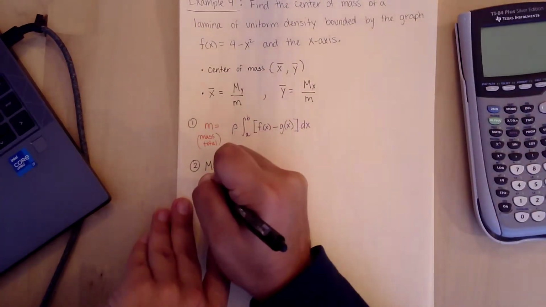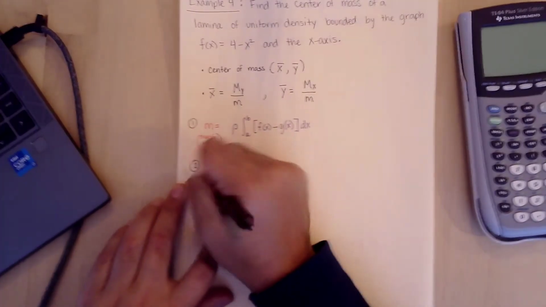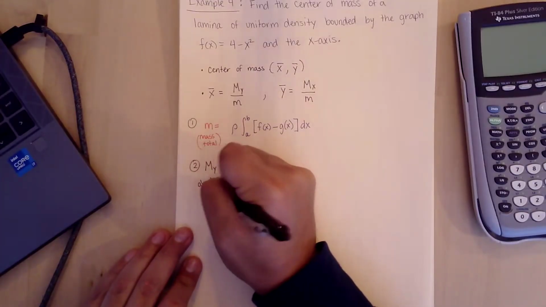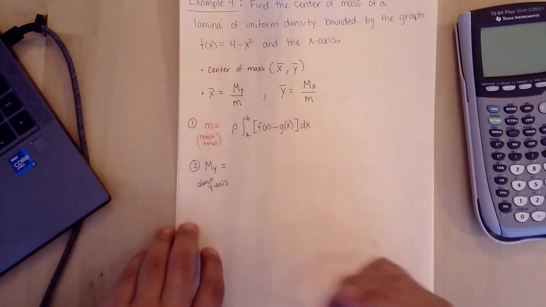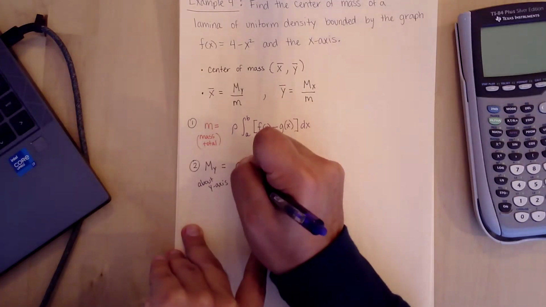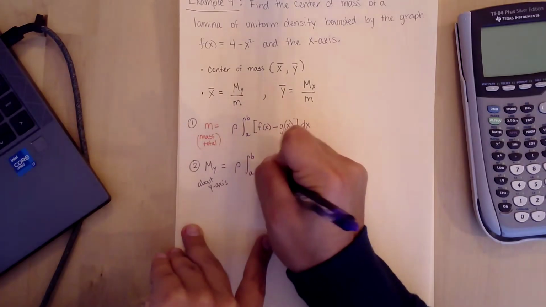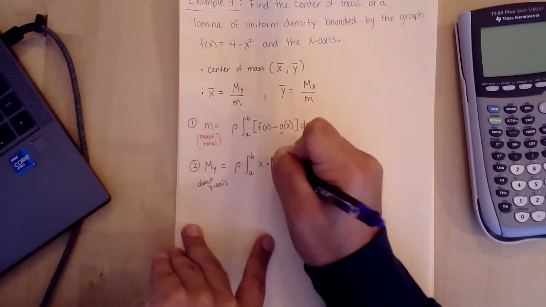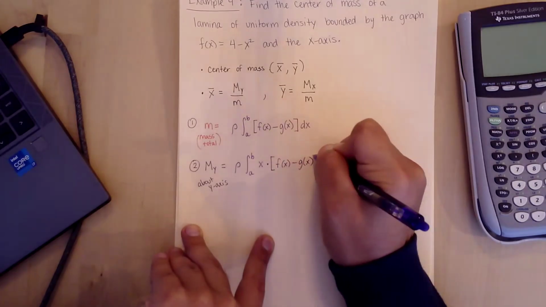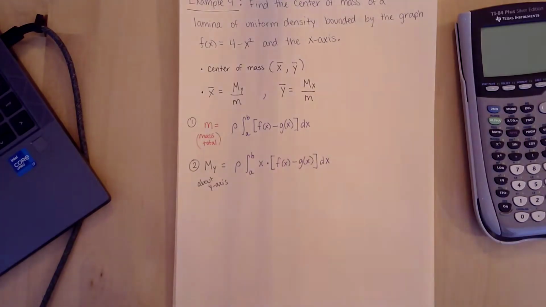That's the moment about the y-axis, and that one is going to be the density times the integral from a to b of x times f of x minus g of x dx. So that's the second thing that we're going to find.